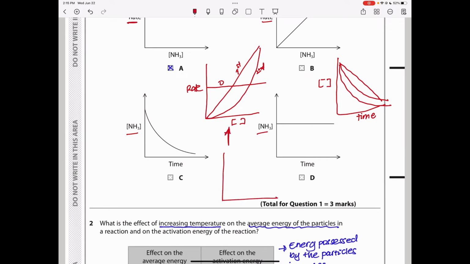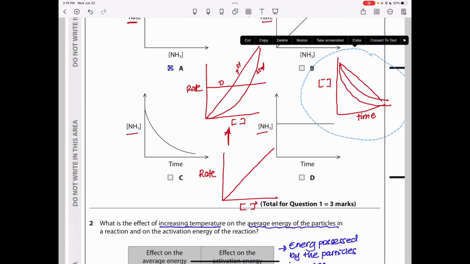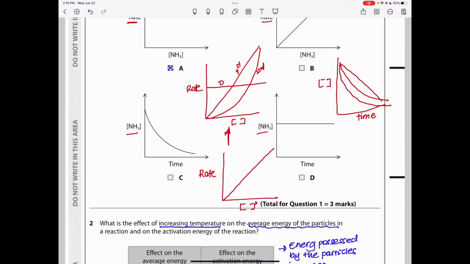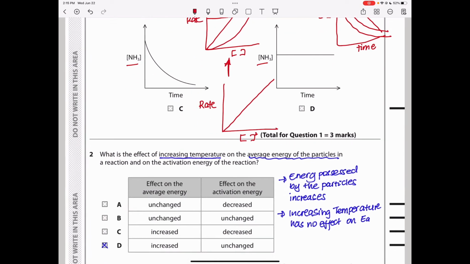You can plot rate against concentration squared. If it's a straight line passing through the origin, then that tells you it's second order. These graphs you have to memorize from your theory in order to be able to answer any question that comes on this topic in your exam.